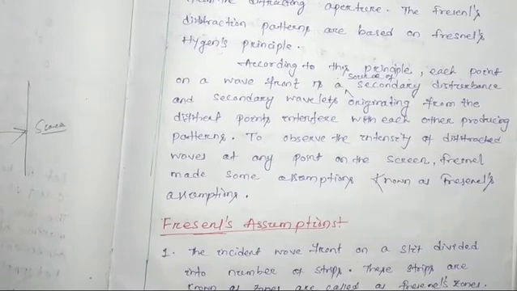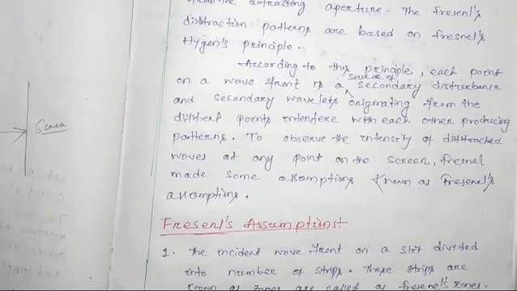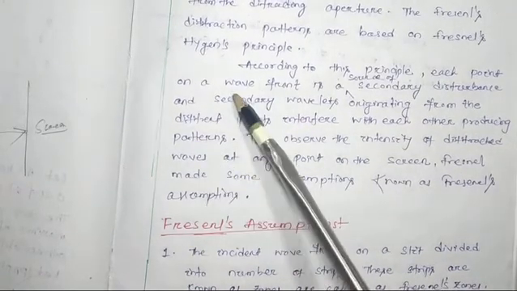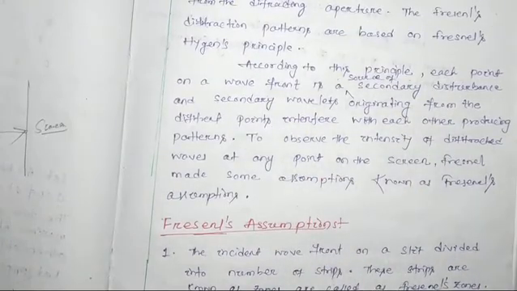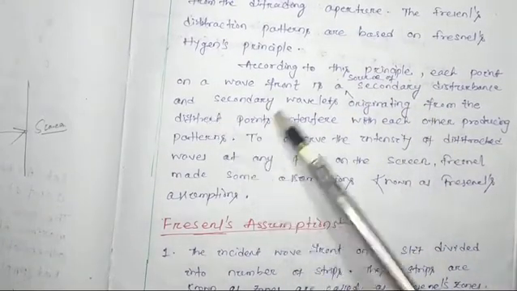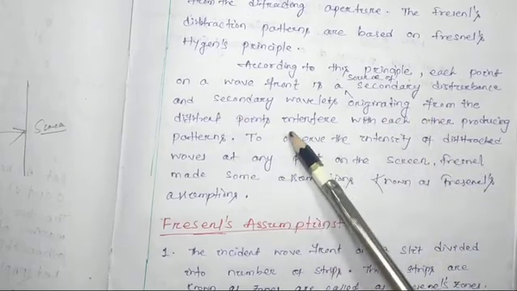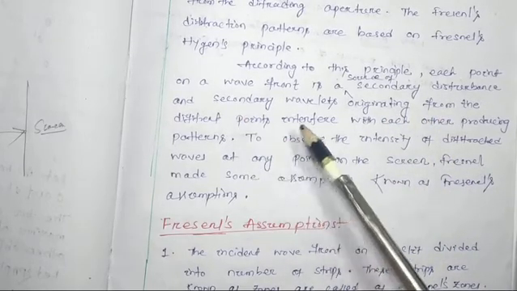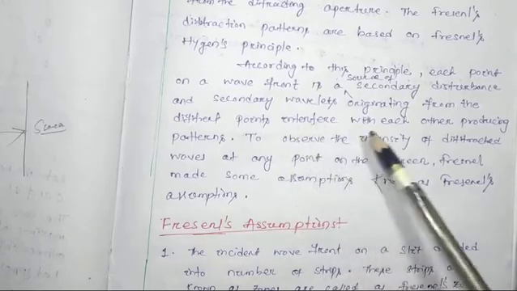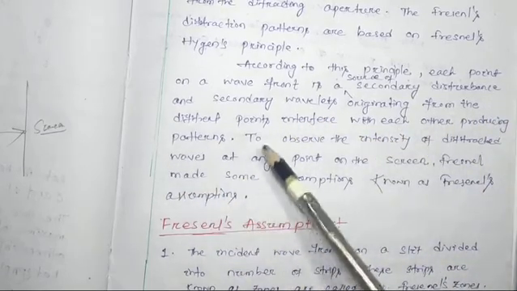Each point on the primary wavefront is a source of secondary disturbance, and secondary wavelets originating from the different points interfere with each other, producing patterns of observed intensity.